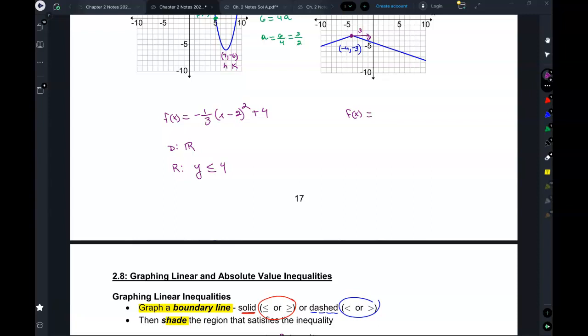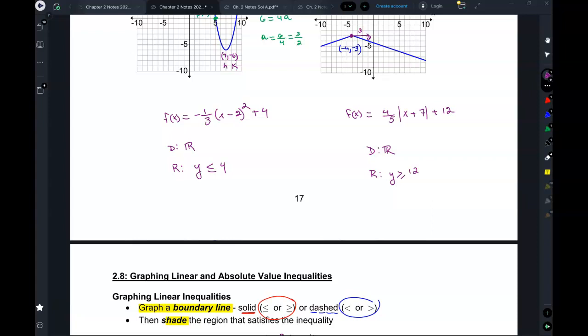Okay? So how about this one? Domain? All real numbers. Now this is not a parabola, this is an absolute value. What's the range? y is greater than or equal to 12.